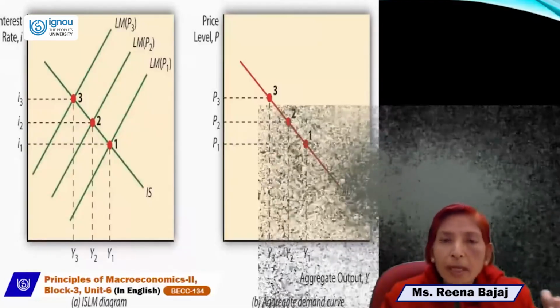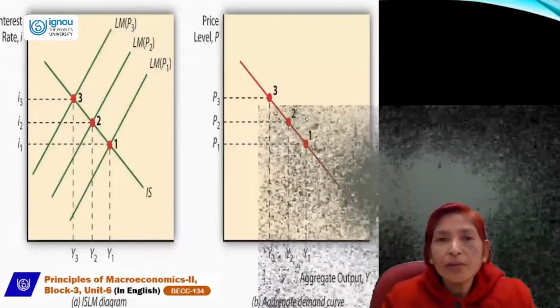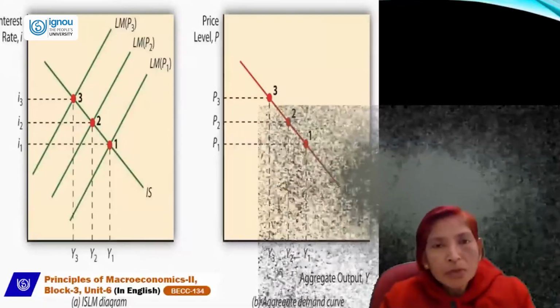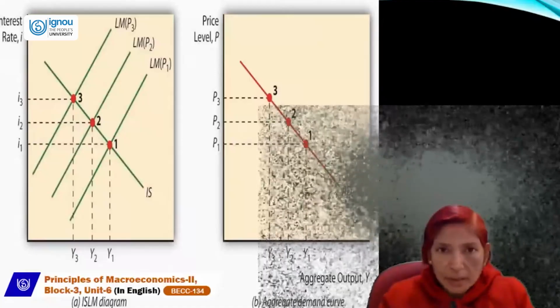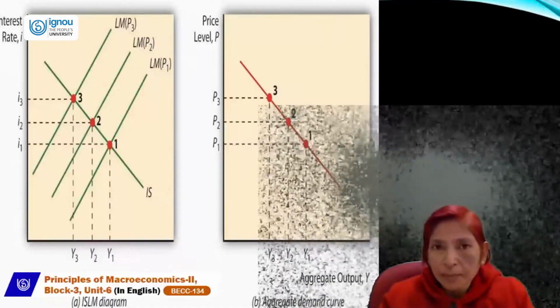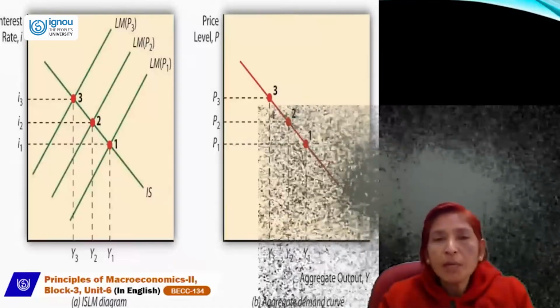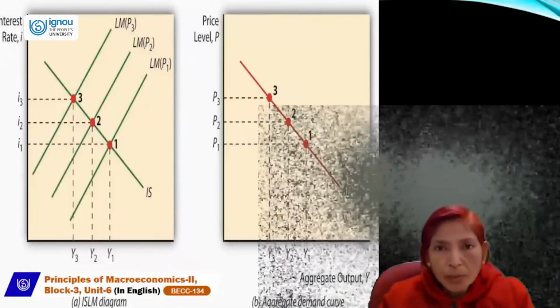IS shows a negative relationship between rate of interest and the level of income. In LM, L represents liquidity preference or money demand, and M represents money supply. So LM shows money market equilibrium. The LM curve is always an upward sloping curve.